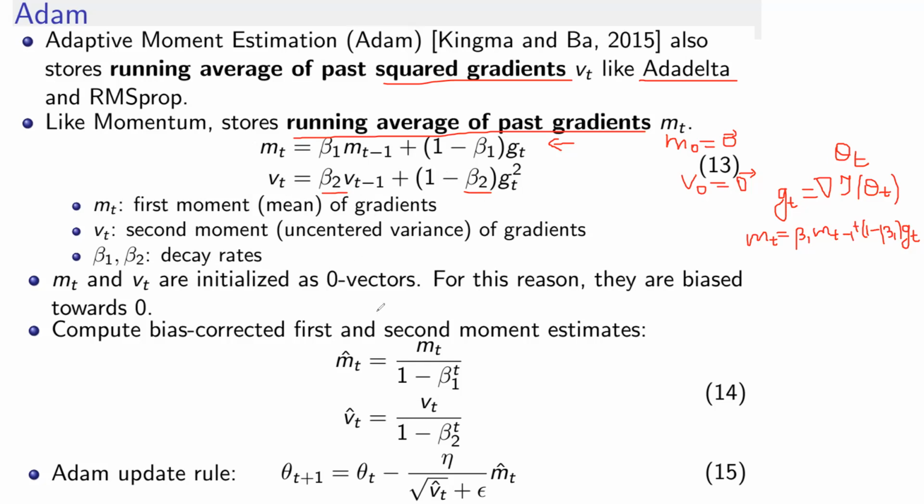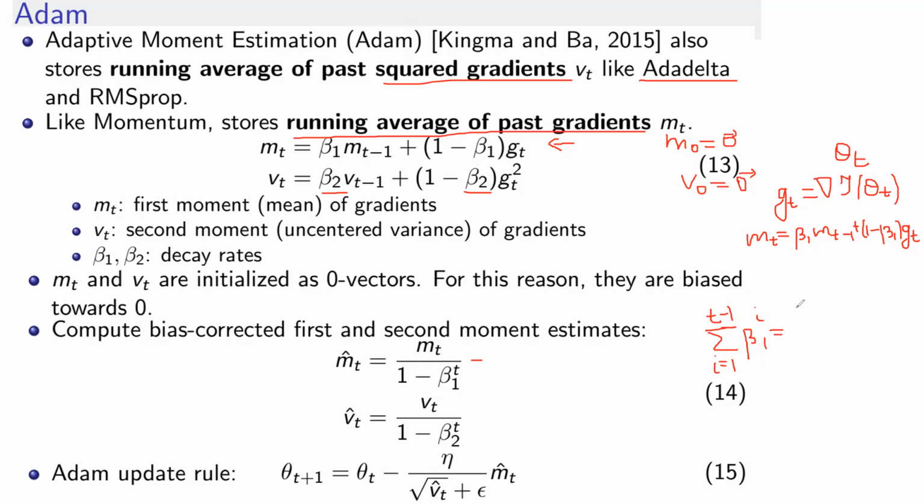Then what we do is we bias correct them. So we have our beta 1 and beta 2, and we calculate m hat t using our mt value by dividing it by 1 minus beta 1 to the power of t, because this is the number that we have. Let's remember what we have. Let's say that I multiplied beta 1 from n to t minus 1. So this is how many times I multiplied by that.